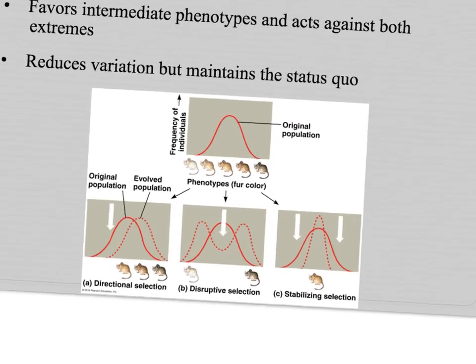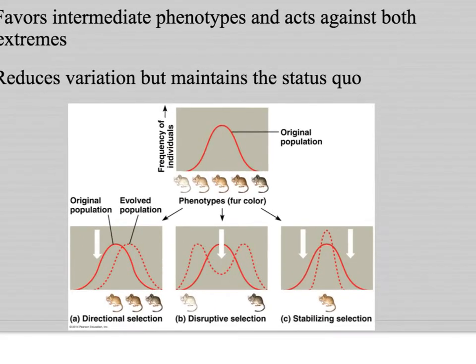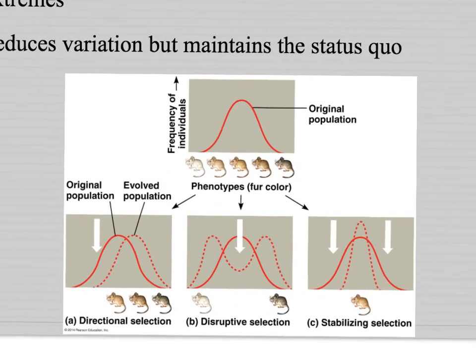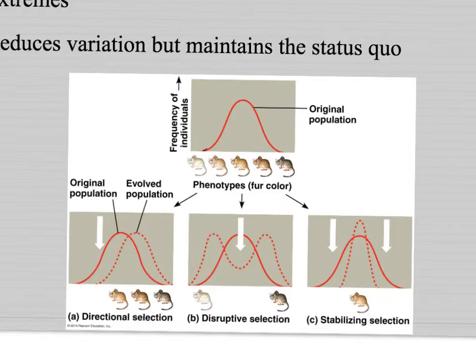So here's some of the graphs, and I think I have it on the next slide also. Nope, I don't. Okay, so let's take a look at these. So here's our original population. Okay, so if we have a directional selection, it's going to favor one of those traits that's going to pull it either to the left or to the right.